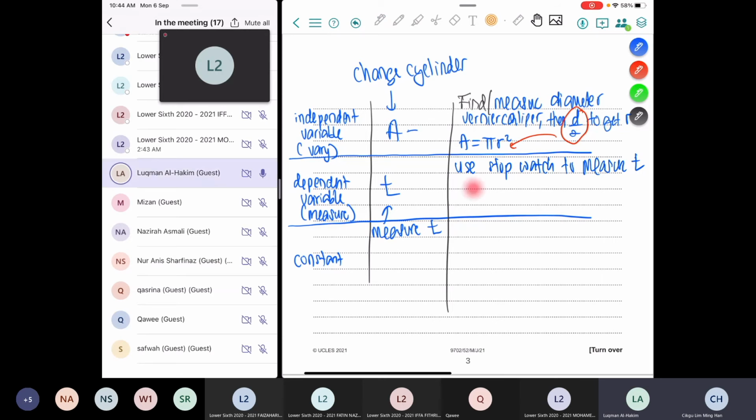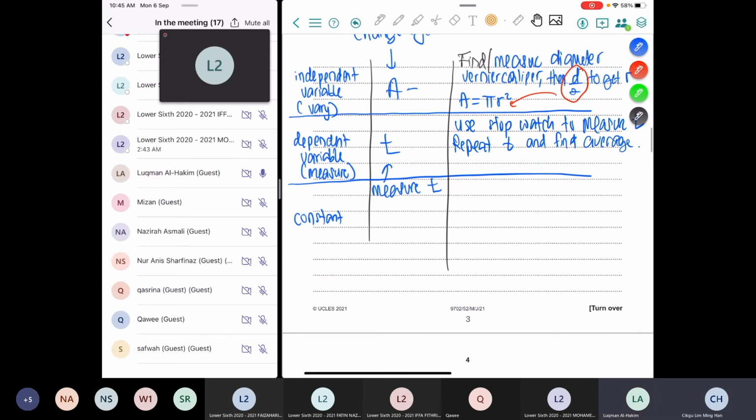Take more readings and find the average. So repeat T and find the average. All right, thank you, Lokman.